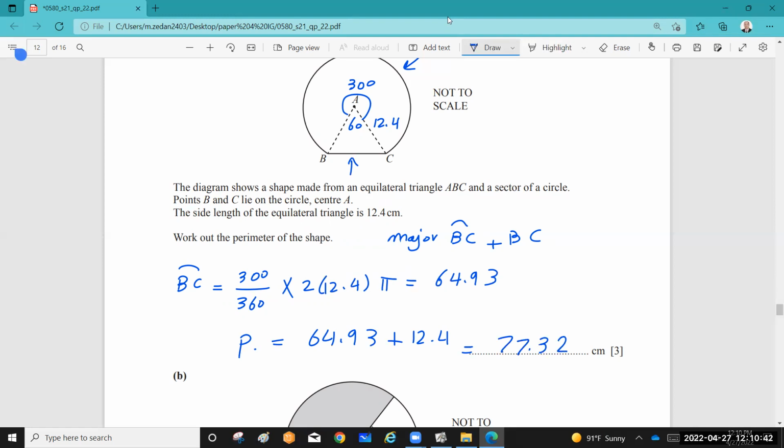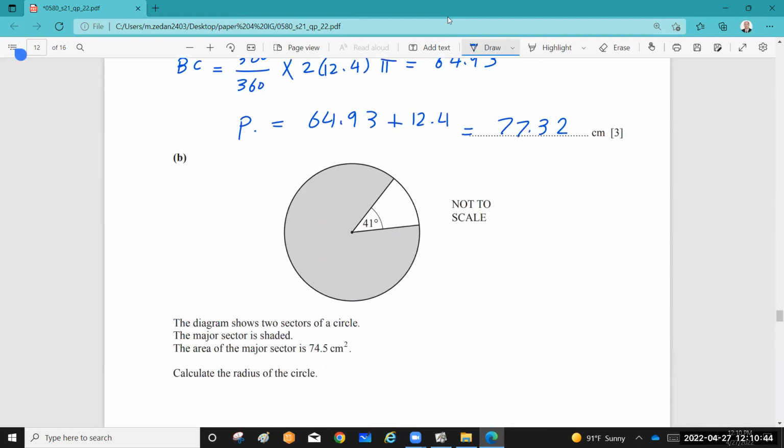Okay. In this shape, the major sector is shaded. The area of the major sector is 74.5, the same as we did in question 41. The reflex angle on the other side is 360 minus 41, which is 319.